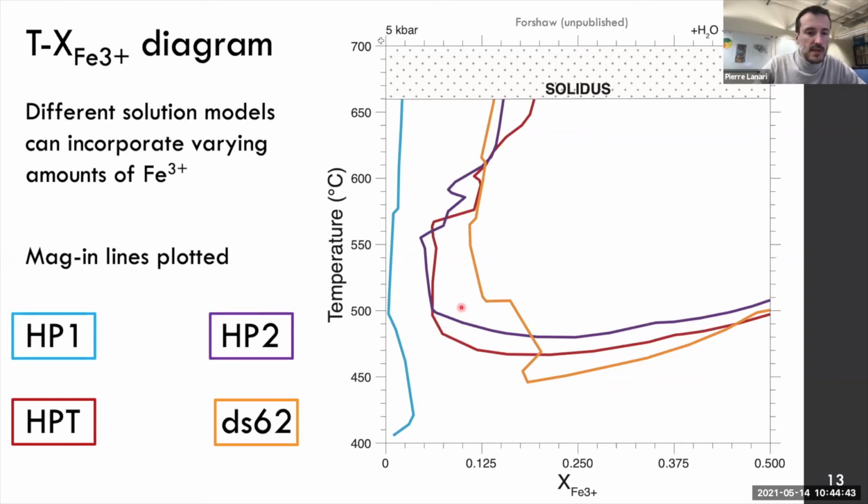With the most recent data set, DS62, where is all the ferric iron going before magnetite becomes stable, for example, at very low temperature, below 450 degrees? So all of the iron 3+ is going into epidote and hematite. So hematite becomes stable at these lower temperature conditions alongside epidote, and you can put quite a lot of iron 3+ in, and that's why the magnetite curve swoops around here.